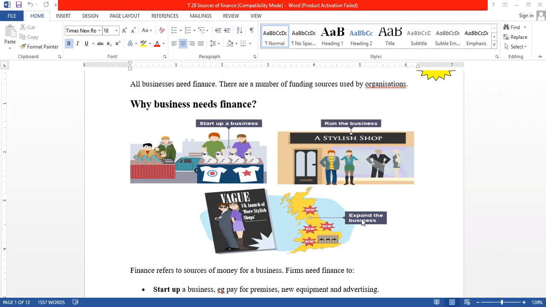And the third reason given here is, if you want to expand your business into another territory, we call that situation expansion. You need capital for expansion purposes. So: startup capital, working capital, expansion. If you want to open another branch, or expand your shop network, we need more money.